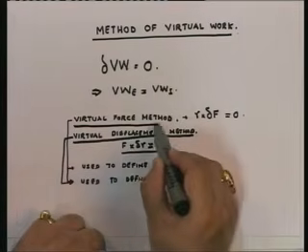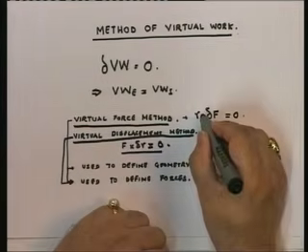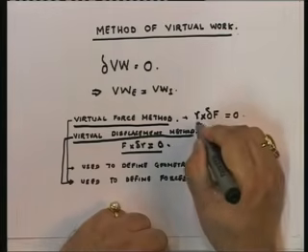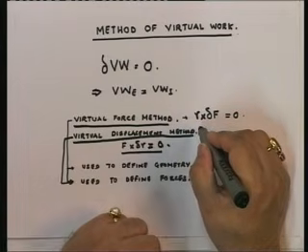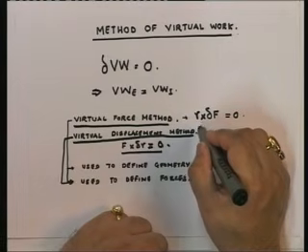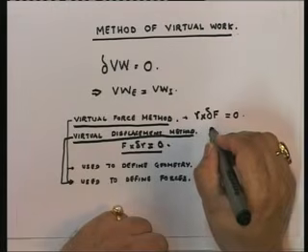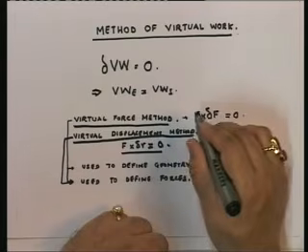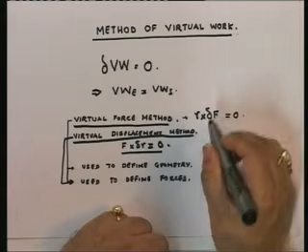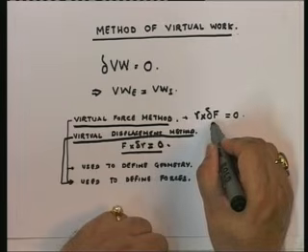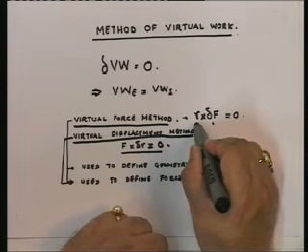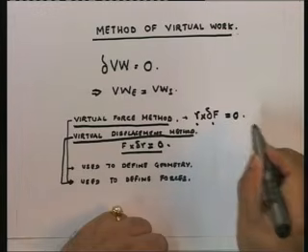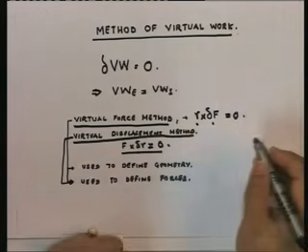This is called the virtual force method, where you look at the body under a set of forces and it has a displaced shape. If I apply a set of virtual forces on this structure in equilibrium, then the work done by these virtual forces undergoing the real displacements of the structure is also going to be equal to 0. This is known as the virtual force method.